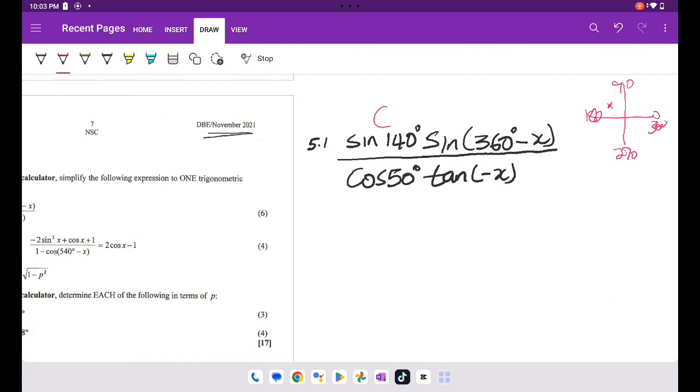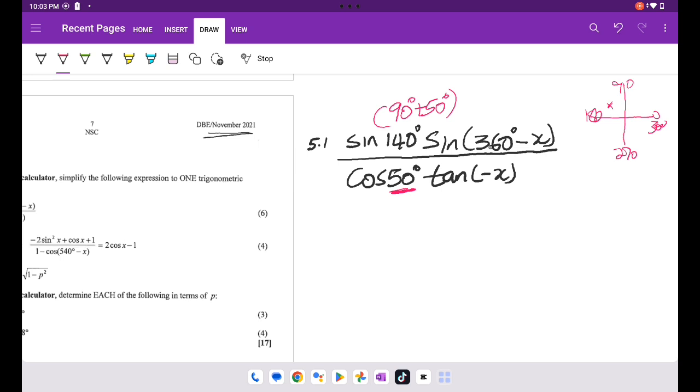But we can simply look at the other angles that we have. Now this 50 is catching our attention, so we can actually write it as 90 plus 50. You could have also written it as 180 minus 40, but then you're going to have to deal with the 40 and the 50.